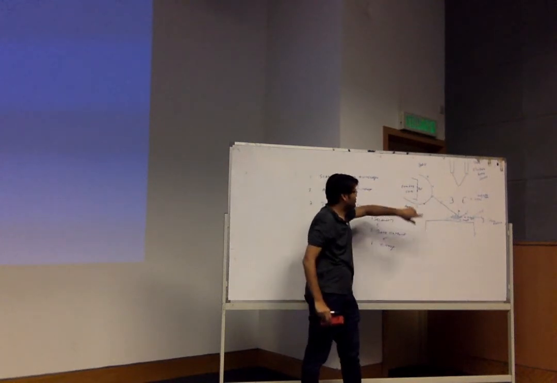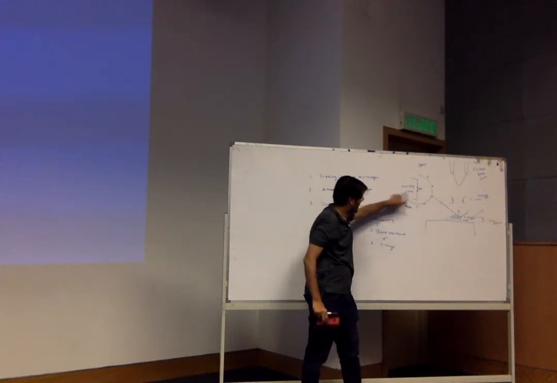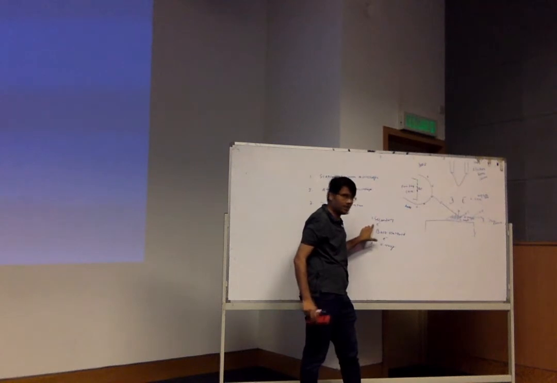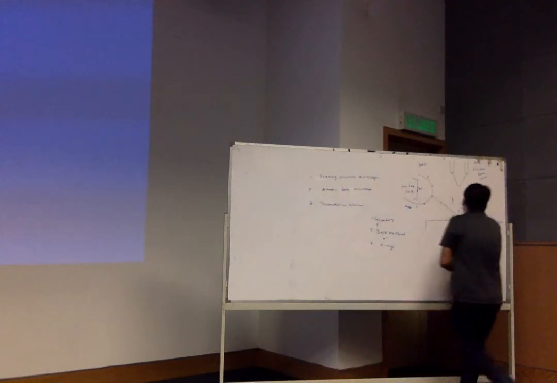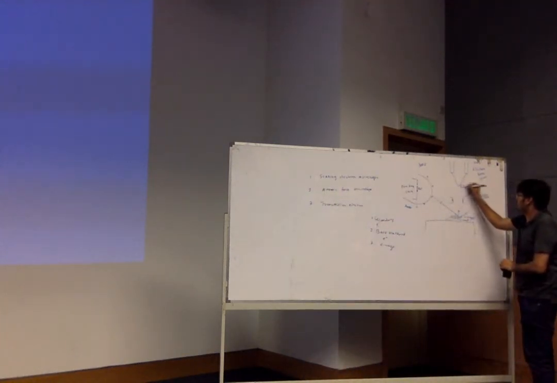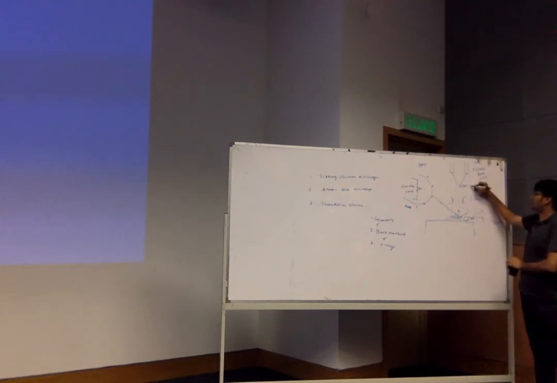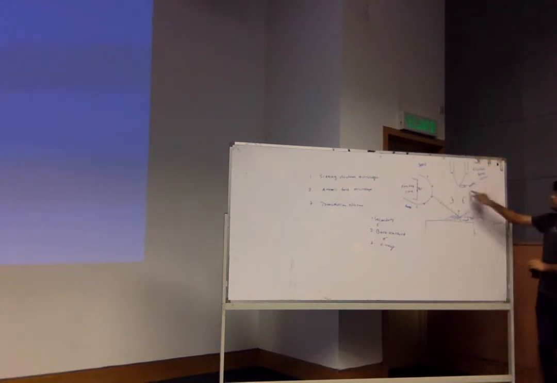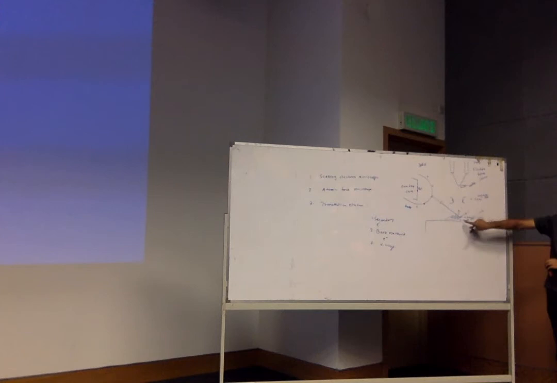So through scanning the secondary electrons you make an image, or you also have the backscattered electrons. You can also have an anode here to detect this. From the backscattered electrons you can image or get the details of the specimen.